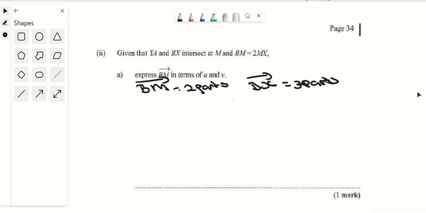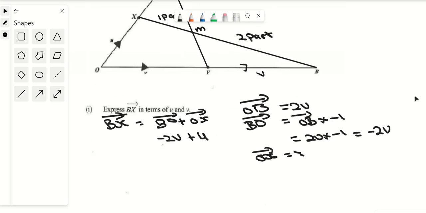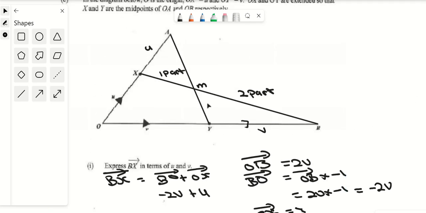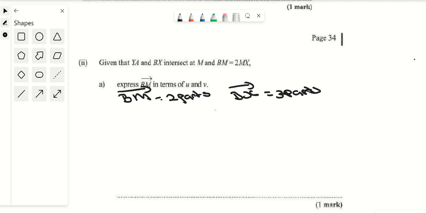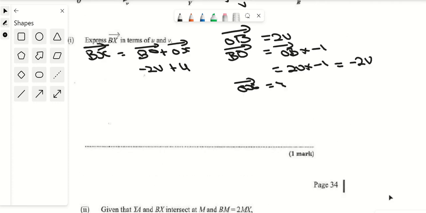If we look at it again, BX is 2 plus 1, which is 3 paths. That is how I got 3 paths, okay? So 3 paths is equal to, now we already found out what BM is. BM was the answer from above, that is this here: minus 2v plus u.